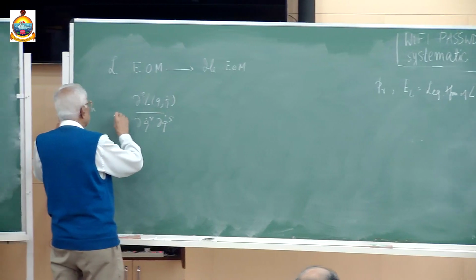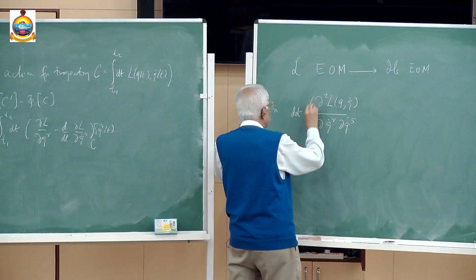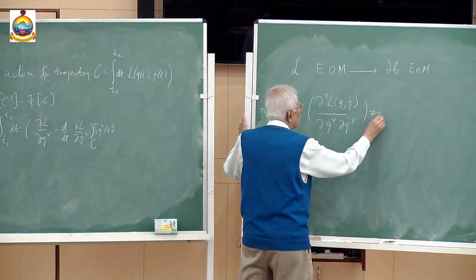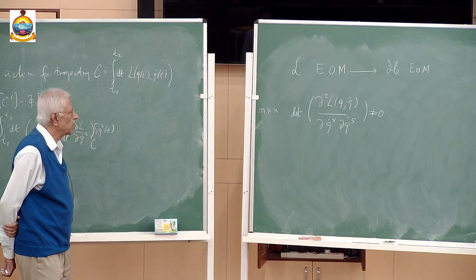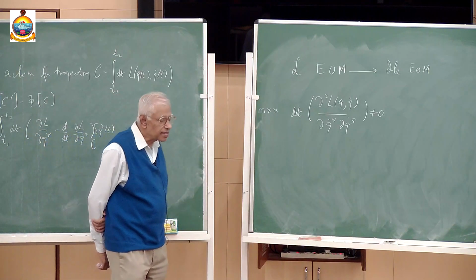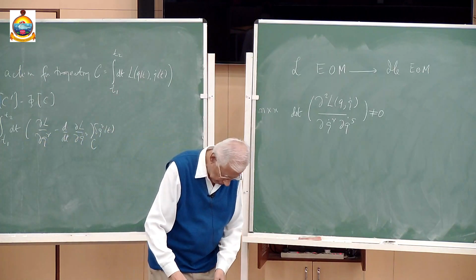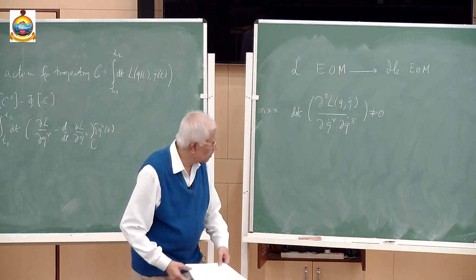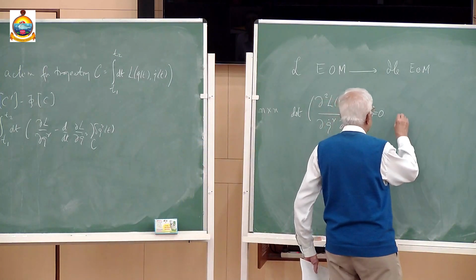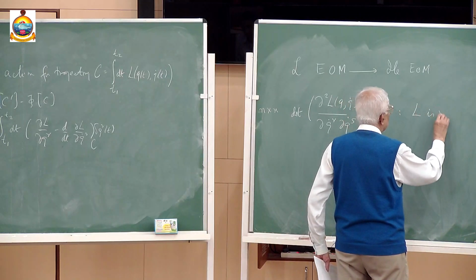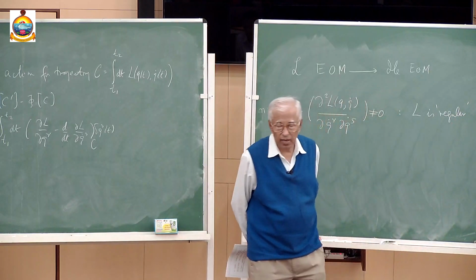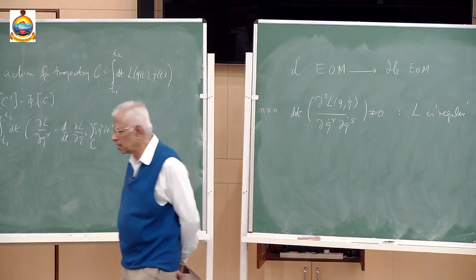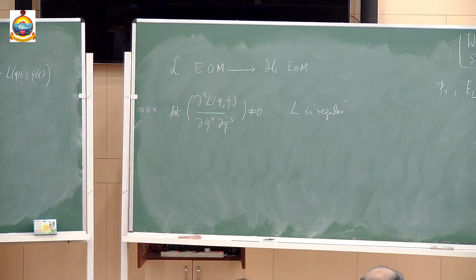So it is usually the case in all non-relativistic situations that the determinant of the second partial derivatives, as a matrix, is non-singular. It has an inverse. Then in general, if this is true, we say that the Lagrangian is a regular Lagrangian. Regular means in this context, this matrix is non-singular. It has an inverse.